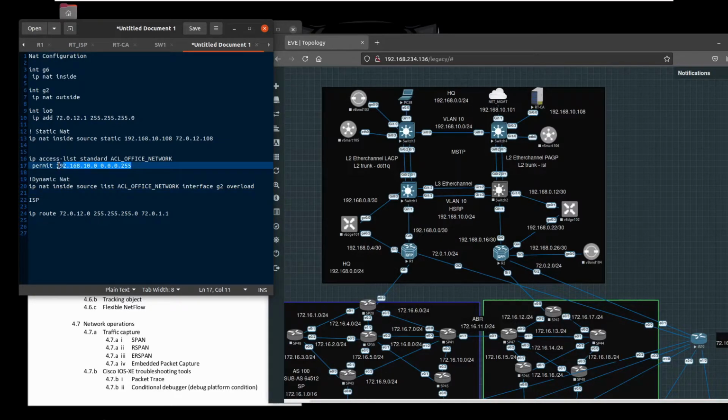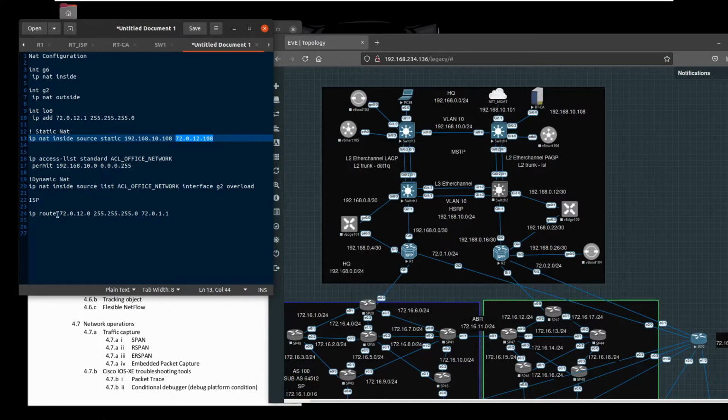So I'm matching my internal network, and here I'm saying translate from this network 192.168.10, and the outbound IP is going to be the IP assigned to this interface, and overload means I don't care, just translate as many as possible. Okay, and I had to create a loopback interface for this network, otherwise it wouldn't be routable.